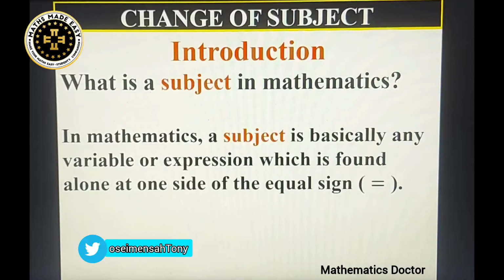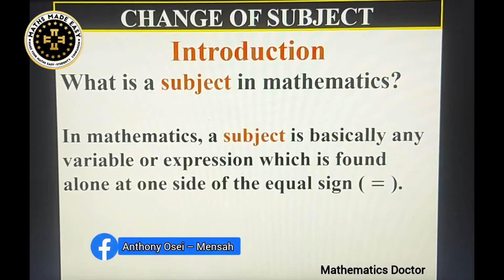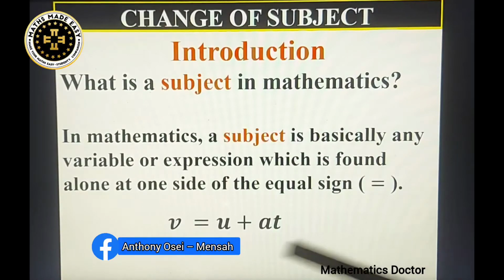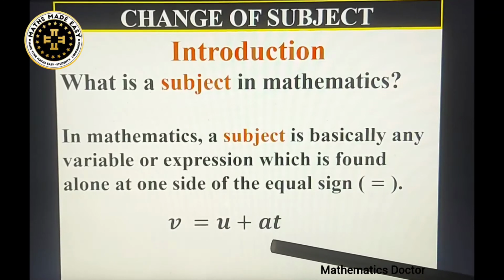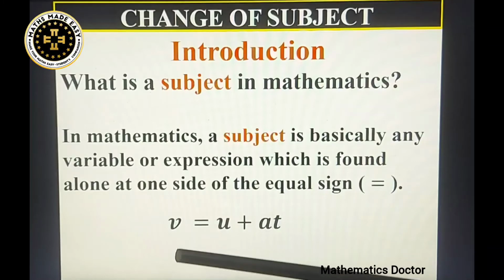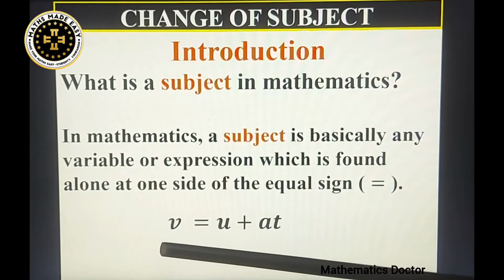Now, in mathematics, a subject is basically a variable or an expression which is found alone at one side of the equal sign. For example, in this expression, v is equal to u plus 80, you'll be able to identify the subject easily by looking at the particular variable or expression which is on its own.